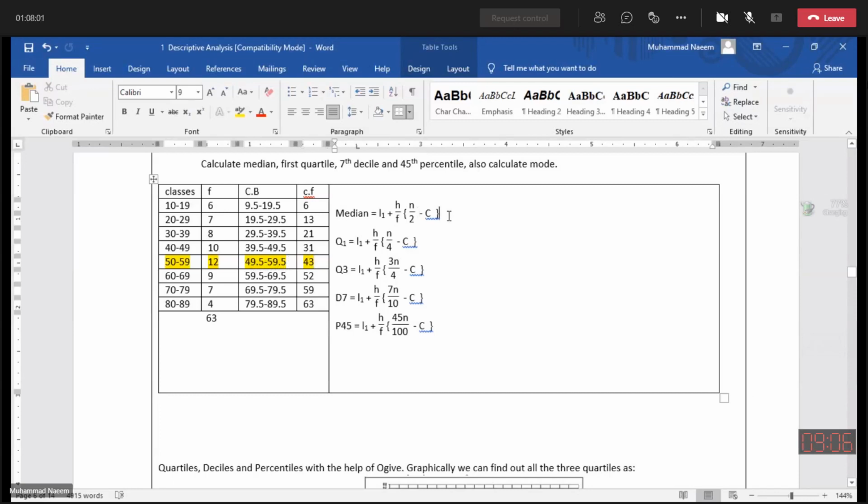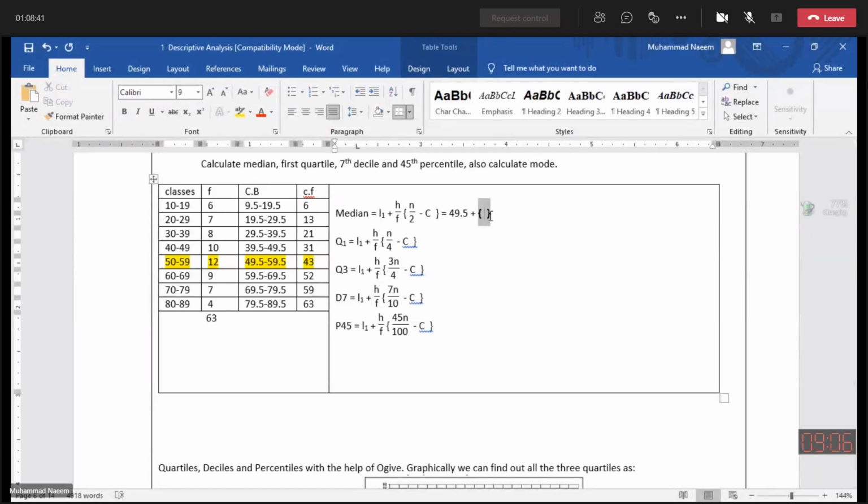So also we have highlighted this class interval. From class boundary, L1 is the lower limit of this class, 49.5. L1 plus H. What is H? H is overall class width.